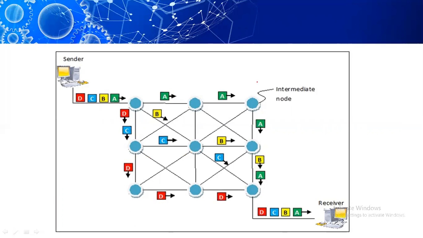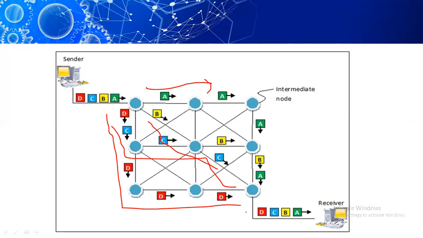Each packet takes a different path to reach the destination. For example, packet A takes this direction, similarly packet B takes this direction, packet C takes this direction, and packet D takes this direction to reach the destination. So each packet takes a different path to reach the destination.